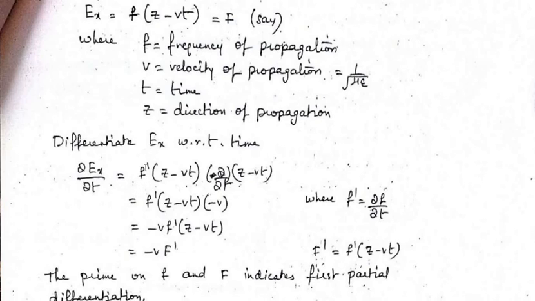f dash into, here f dash is the differential dou f by dou t. So put f dash of (z minus vt) and dou by dou t of (z minus vt).